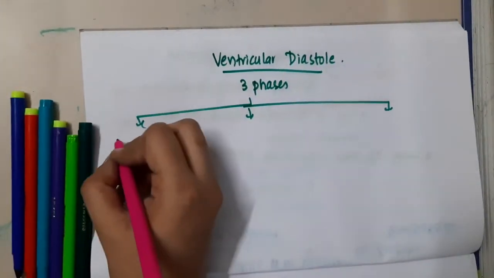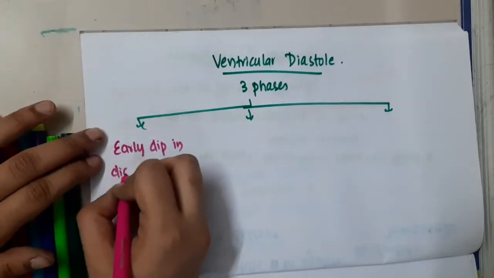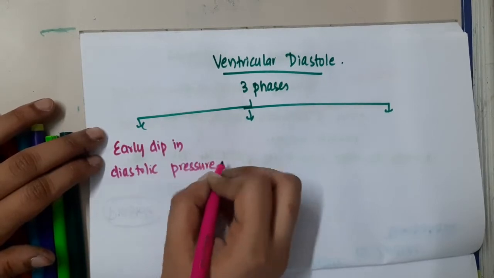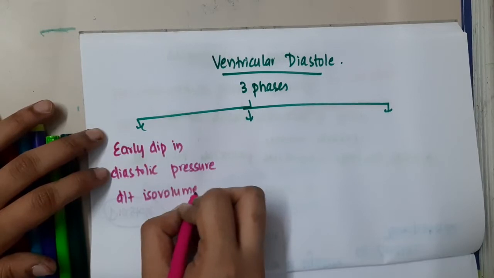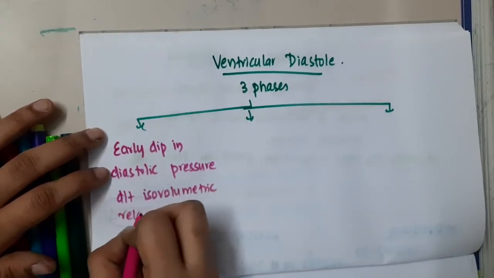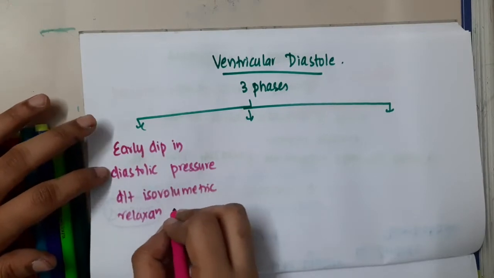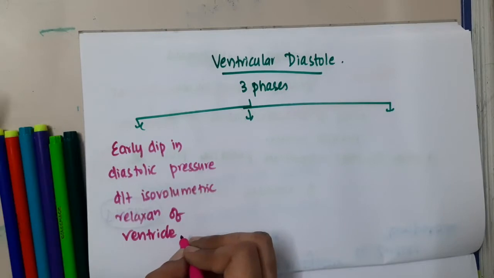First, there is an early dip in diastolic pressure. Why is there an early dip in diastolic pressure? This occurs due to isovolumetric relaxation of the ventricles.